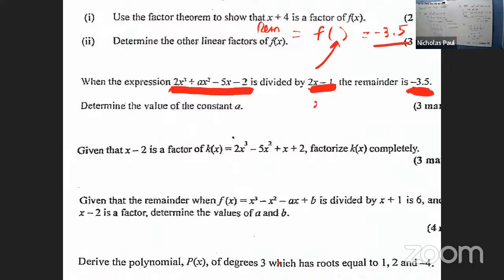You have to take 2x minus 1, make it equal to 0, and solve for x. Good. So how is that helpful later? How is f of 1/2 equals minus 3.5 going to help me find A?